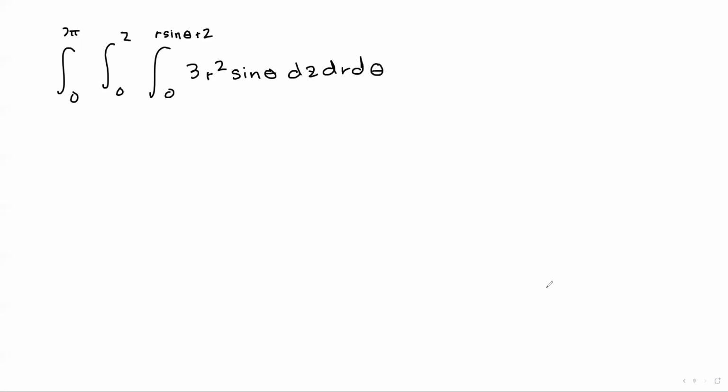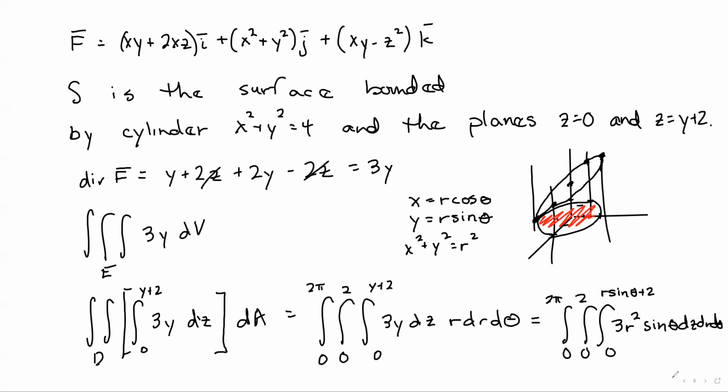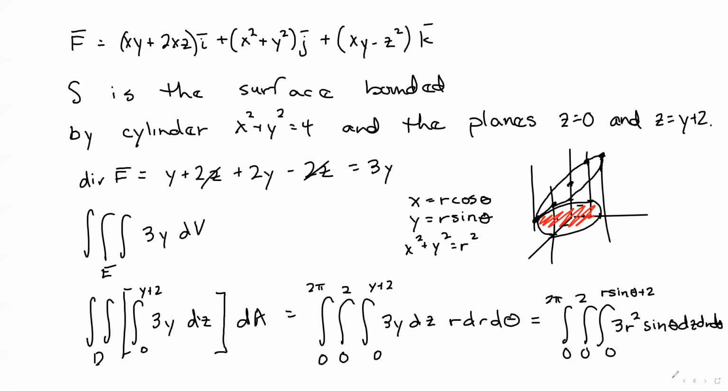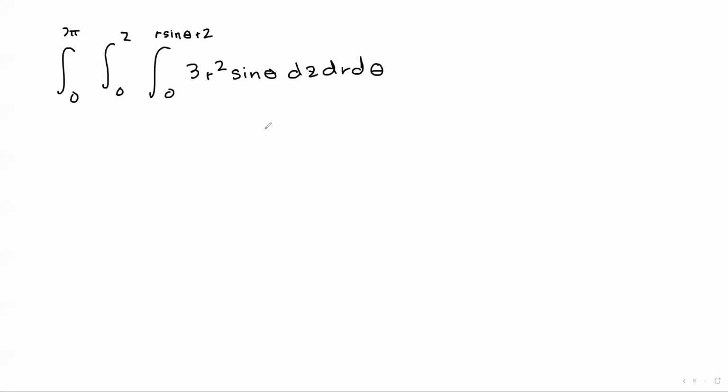So 0 to 2 pi, 0 to 2, 0 to r sine theta plus 2, 3r squared sine theta dz dr d theta. Did we get all that right? 0 to 2 pi, 0 to 2, r sine theta plus 2, 3r squared sine theta. Looks good.